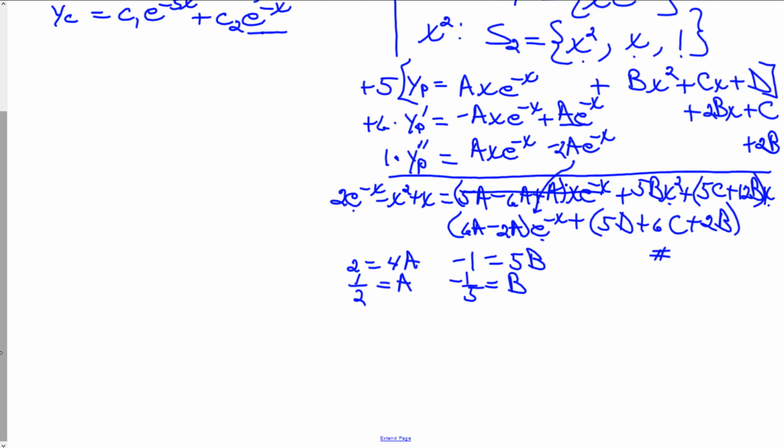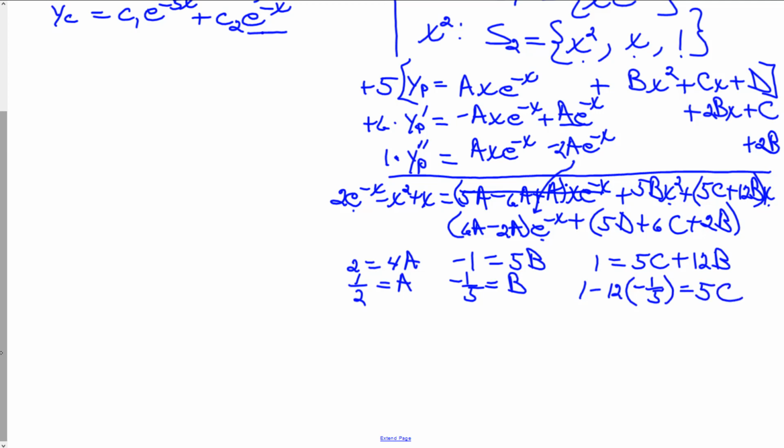All right, so on the left we have a 1 for our coefficient of x, and on the right we have 5c plus 12b as the coefficient of x. Now since we know what b is, we can actually solve for c by substituting the value of b that we just got. So I'm subtracting 12b from both sides and then plugging in the value of b.